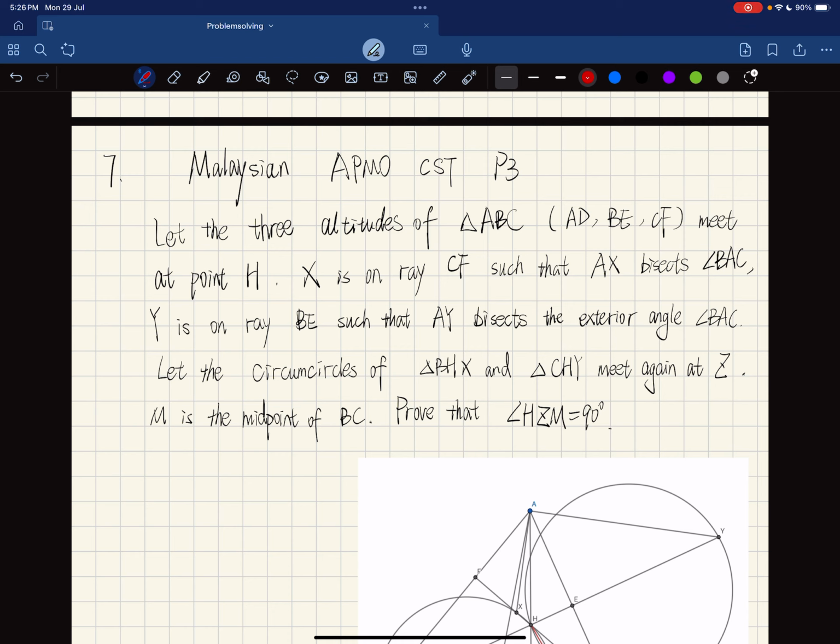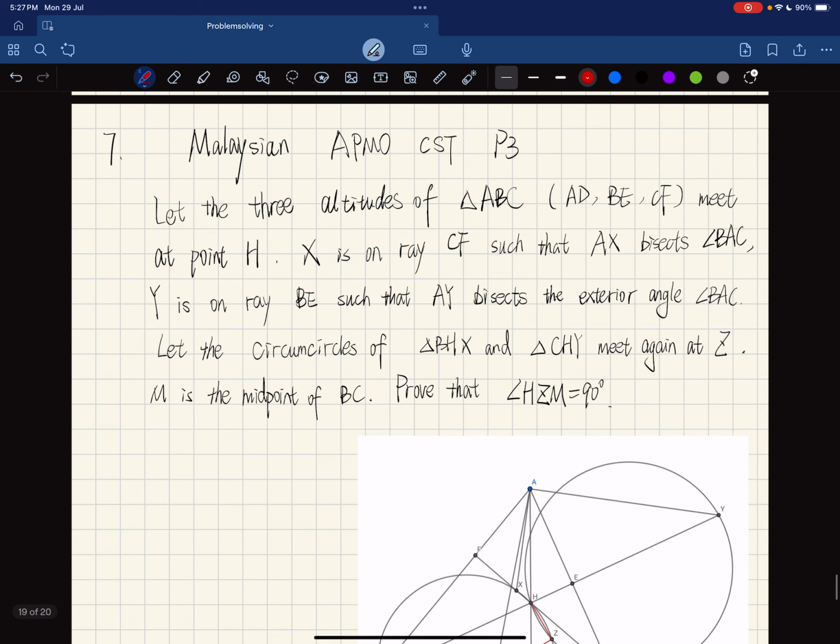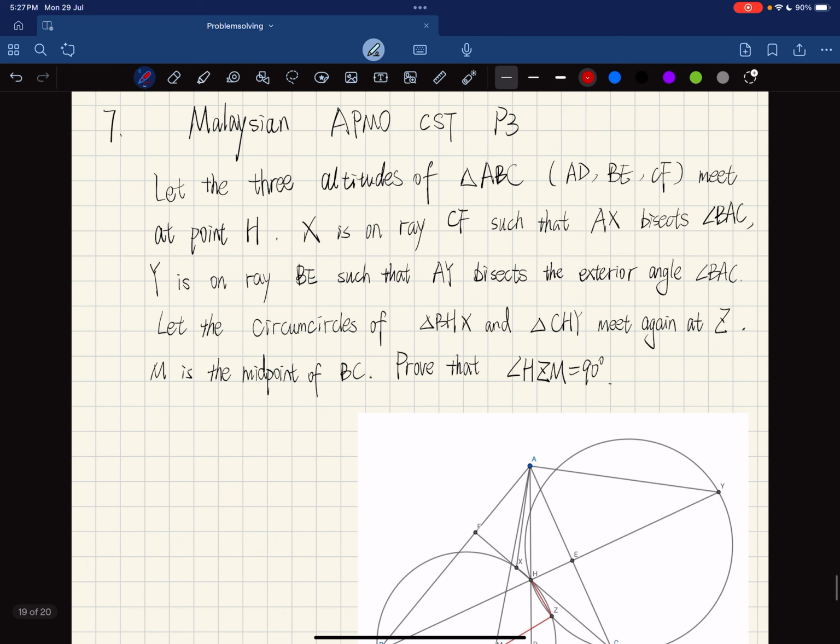It stands for the Asian Pacific Mathematical Olympiad, which means most of the countries in places such as North America, part of South America, and Southeast Asia will attend this mathematical Olympiad. So this problem appears in the selection test of Team Malaysia.